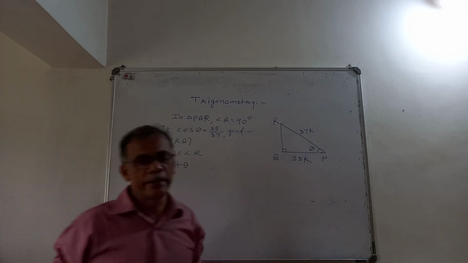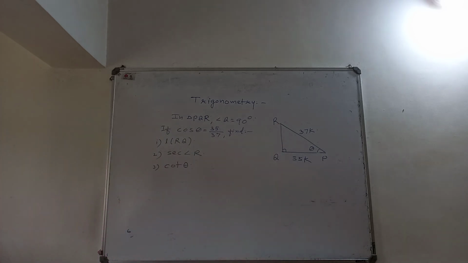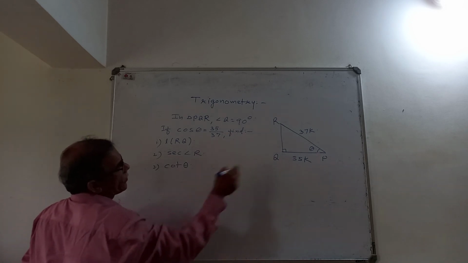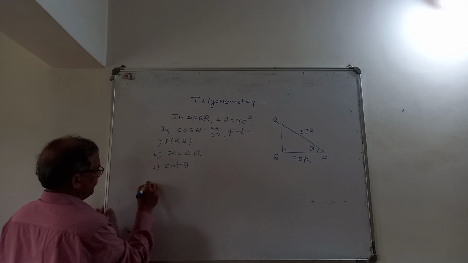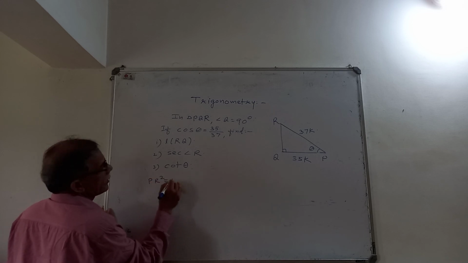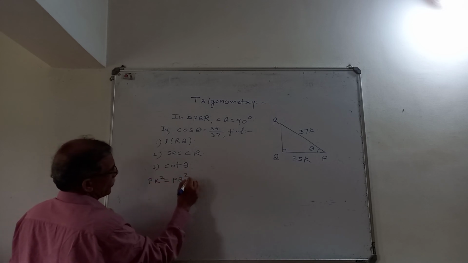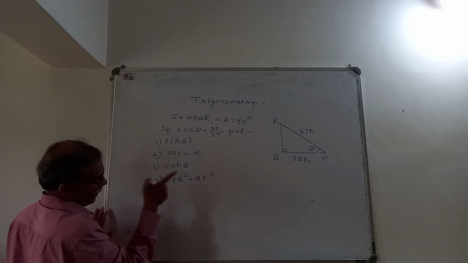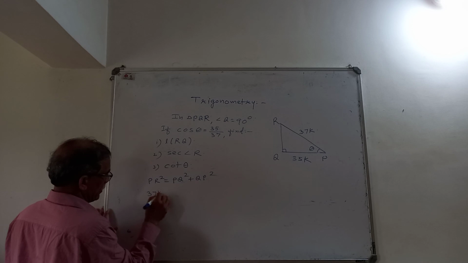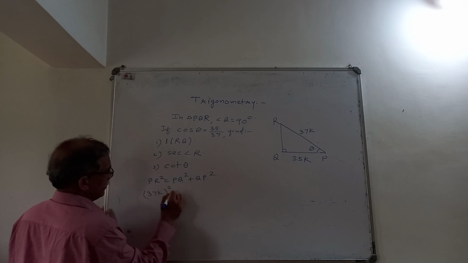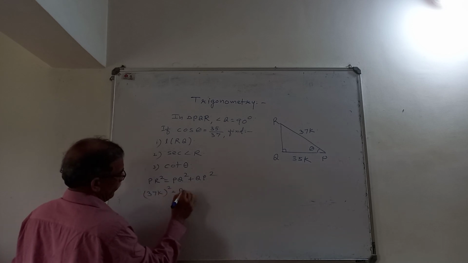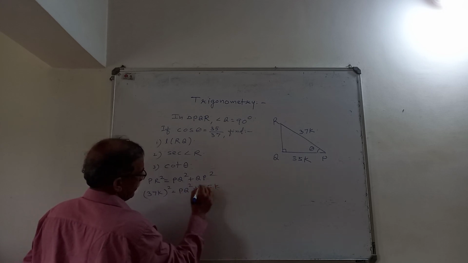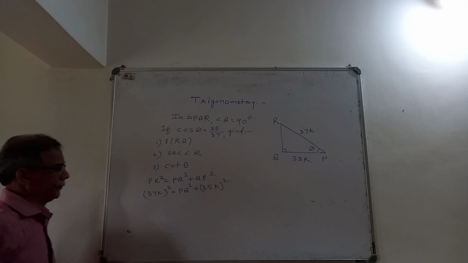To find this, naturally we write the Pythagoras theorem. Which is the hypotenuse? PR. PR square is equal to PQ square plus 35K whole square, so 37K whole square is equal to PQ square plus 35K whole square.